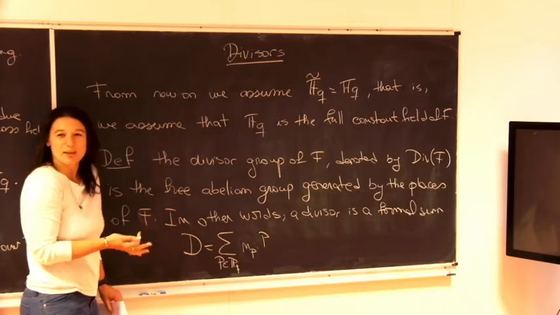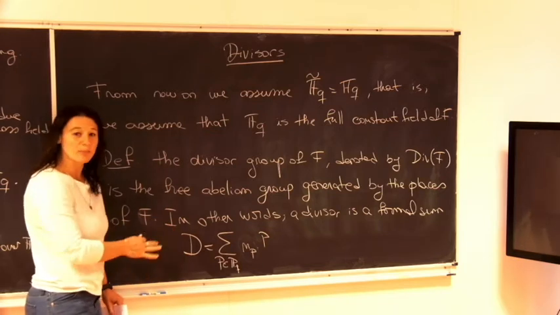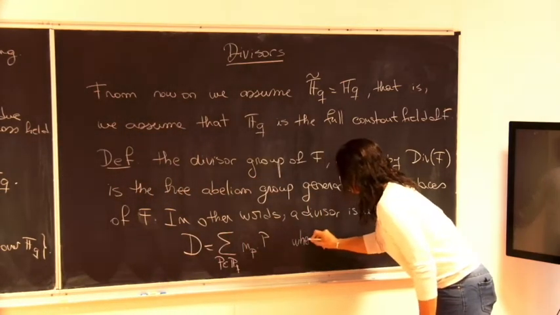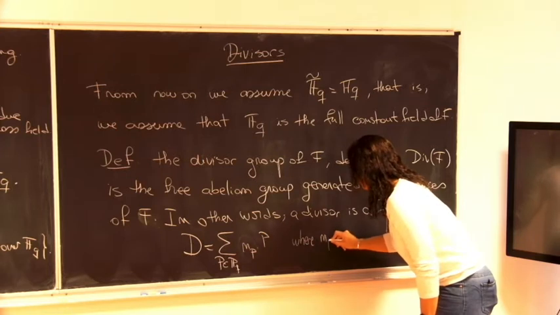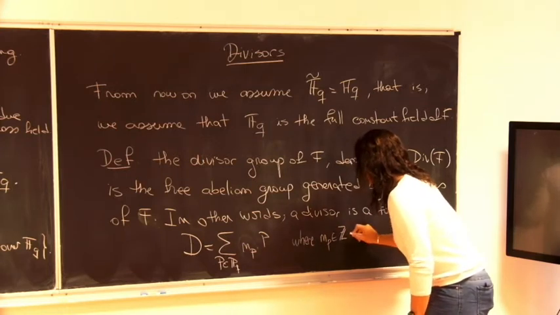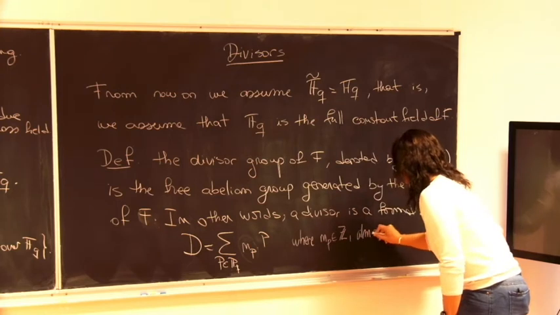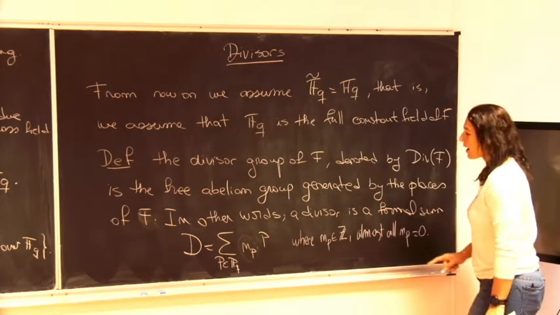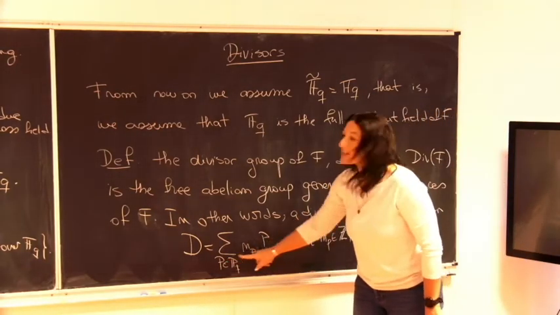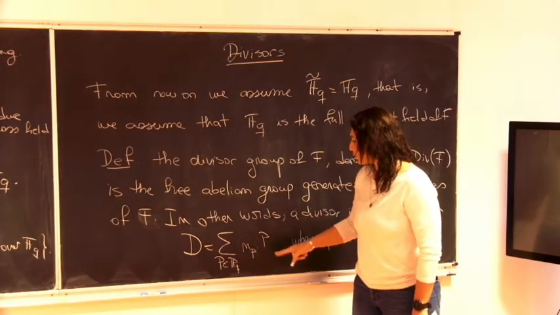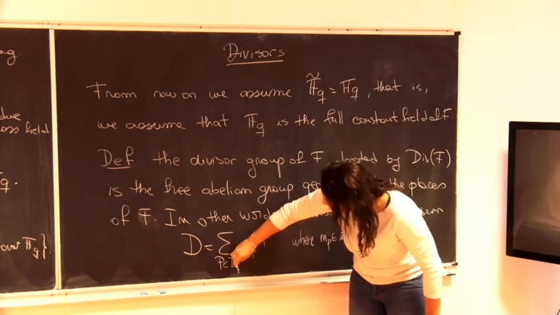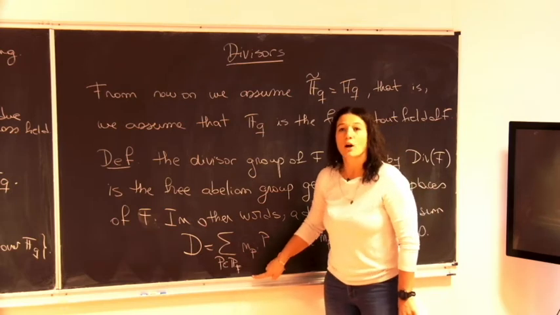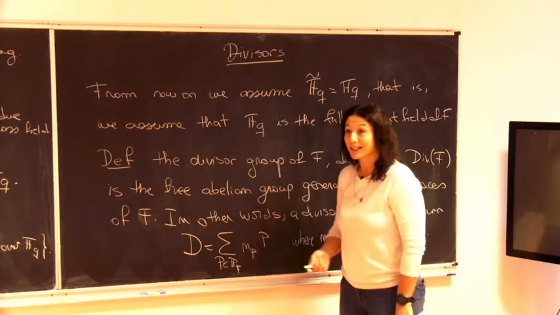So at the end, I'm only having a finite sum of places with some coefficients, where NP is an integer and almost all NP are 0. I don't know if I said yesterday, but the set of all places of a function field is an infinite group.